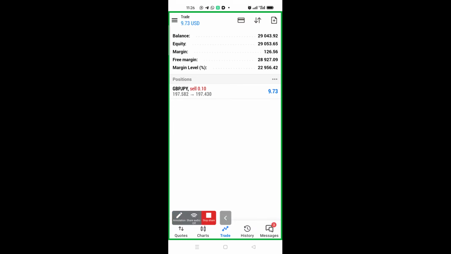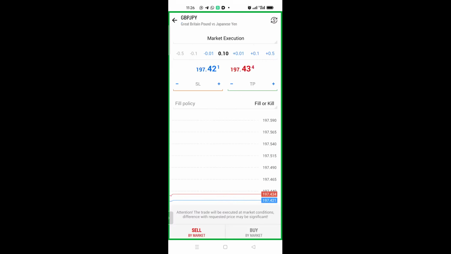So you click on the plus sign. Now this is GBP JPY, the trade that is running currently. Now, let me see what is currently happening with the chart. So let me go to the chart.